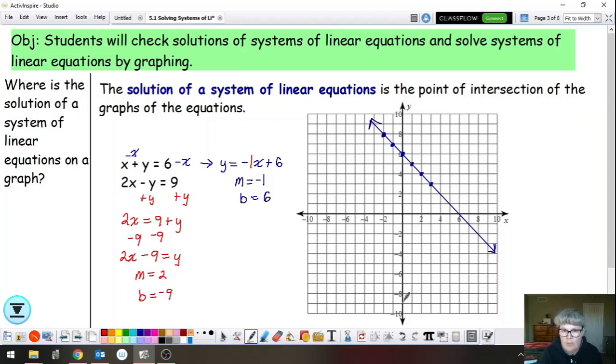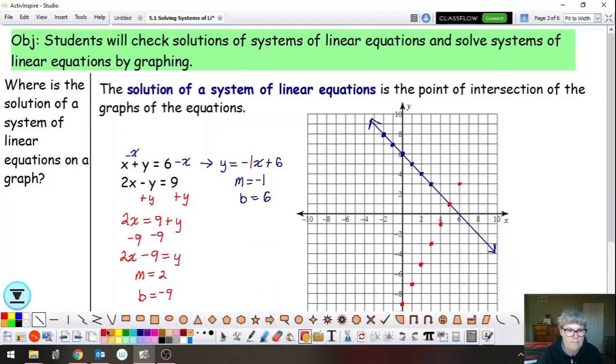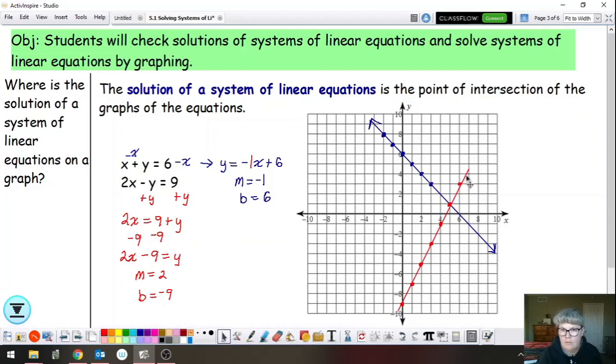So I plot a point at negative 9 for my y-intercept, and for my slope, that's up 2 and right 1. I'm going to keep doing this. And you see that it intersects my first line. Graph my line, and put some arrows on it.